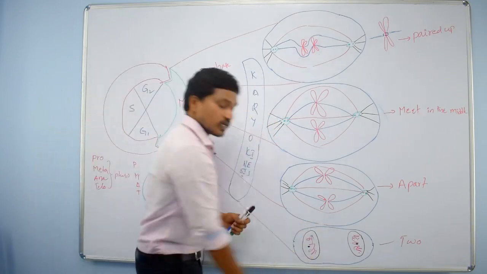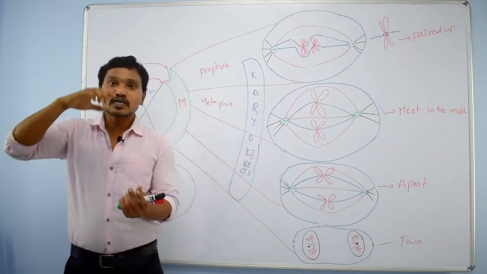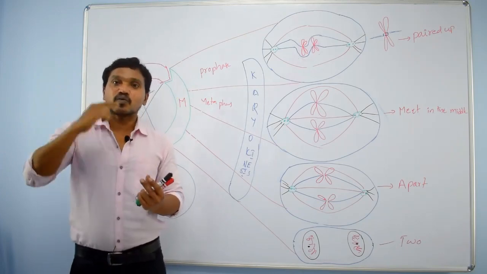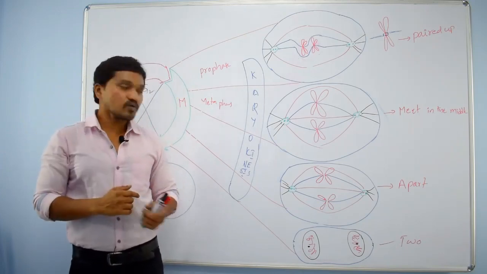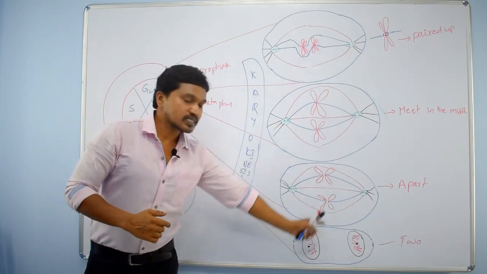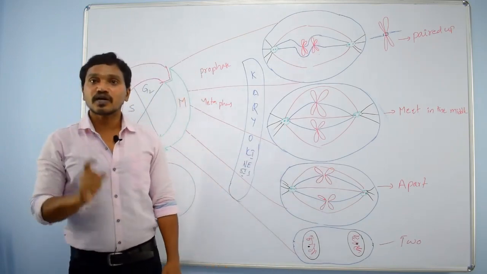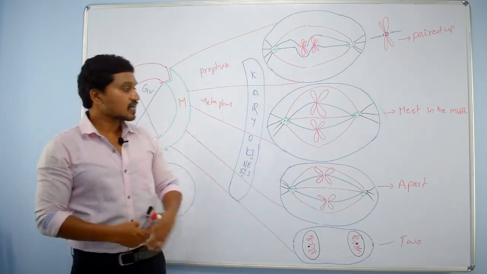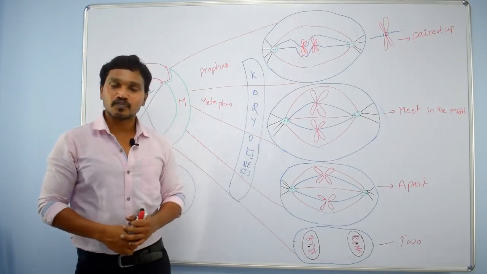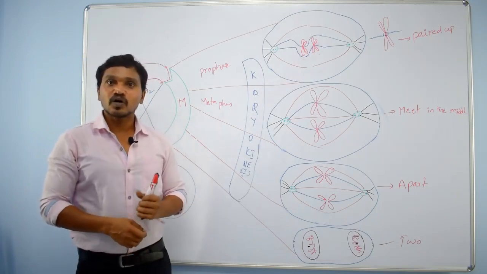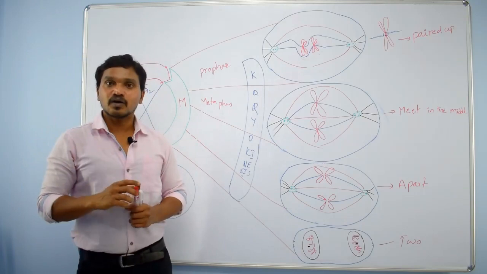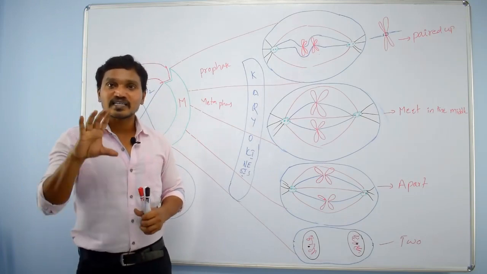So actually there will be formation of one ring-like structure around the cell at the level of equator plane, otherwise at the level of metaphase plate. Right? So that ring, what we call contractile ring.